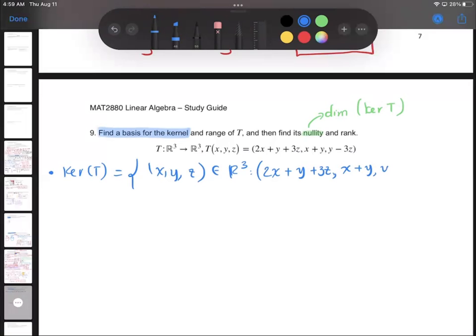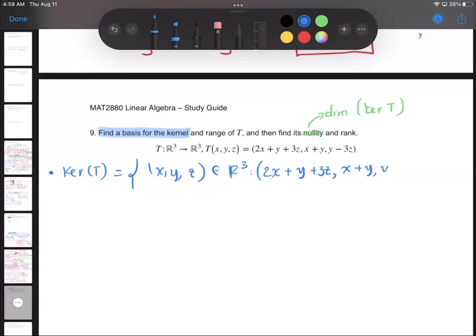We can write it like this: 2x plus y plus 3z equals 0, and then x plus y equals 0, and then y minus 3z equals 0.